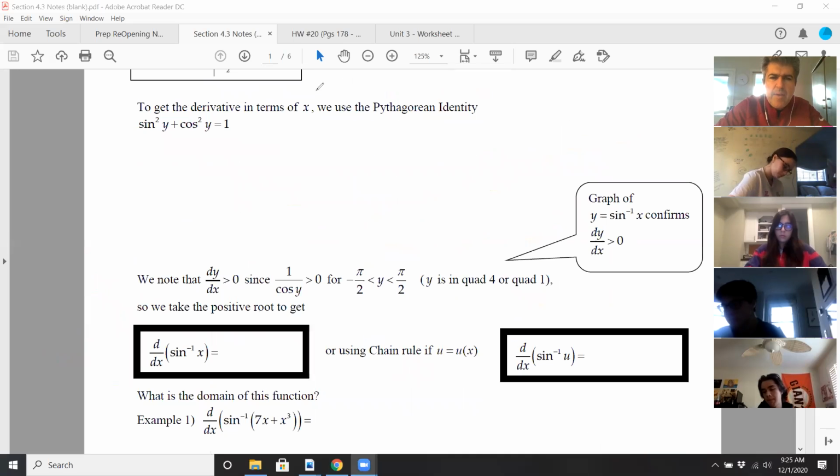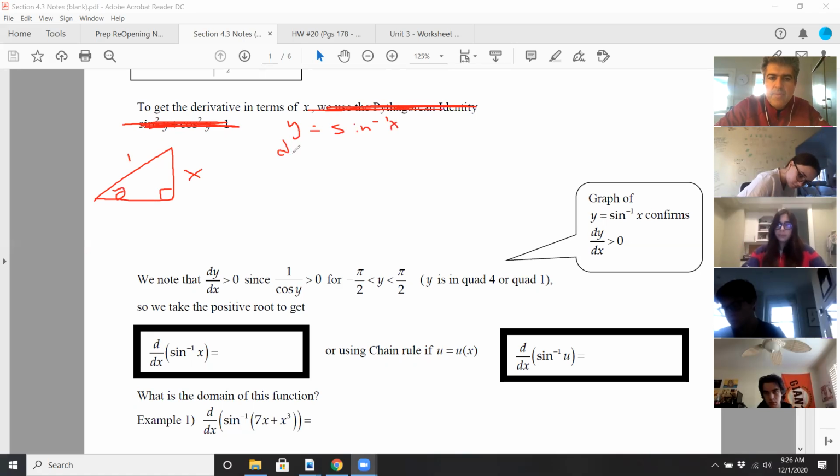I'm not sure how you'd use a Pythagorean identity to get the derivative in terms of x, so I'm going to do something a little different. I'm going to cross it off. It's kind of similar, but I like to take this approach instead. So let me redraw that triangle that I did just a few minutes ago. Remember, this was y, this is x, this is 1. And we're dealing with y equals inverse sine of x.